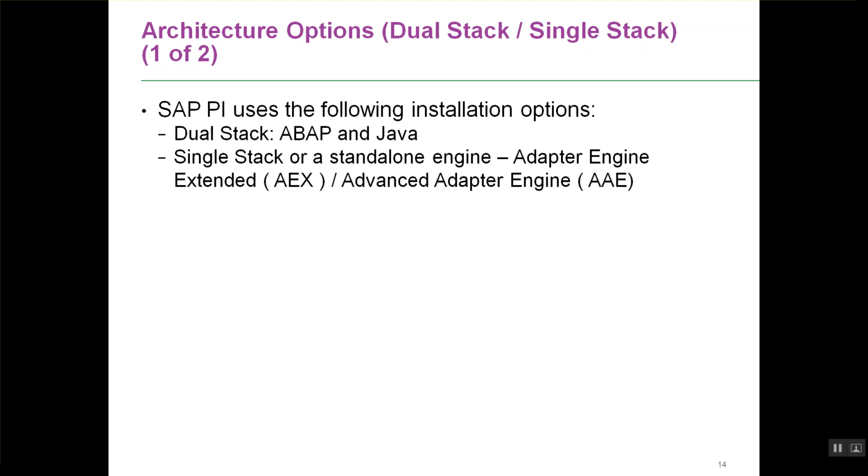We had seen all of that, and now what we are talking about is that from PI 7.31, SAP introduced two installation options for PI. One was a classical installation option that had both ABAP stack and Java stack. The other was a single stack installation of PI where it was Java only. So only a Java stack was used, and that was called the Adapter Engine Extended and the Advanced Adapter Engine. And all of this just holds true for PI.